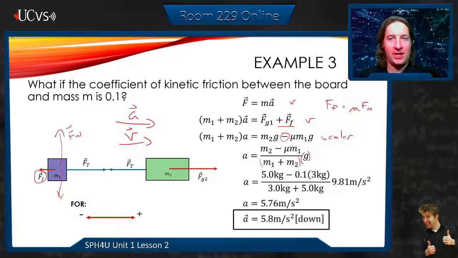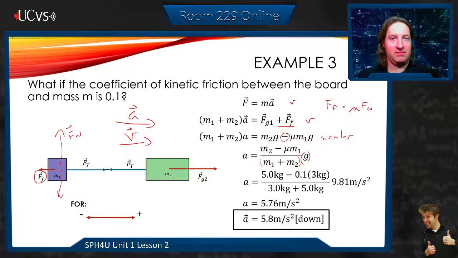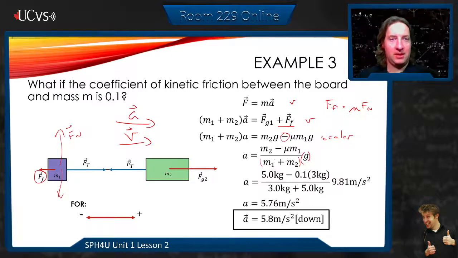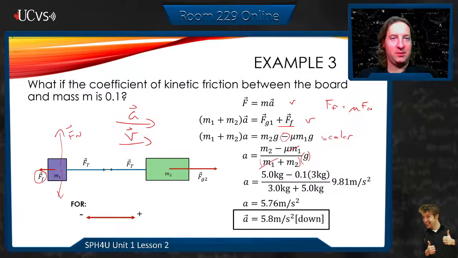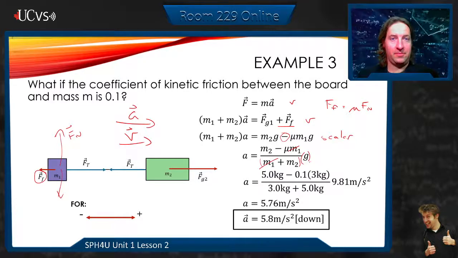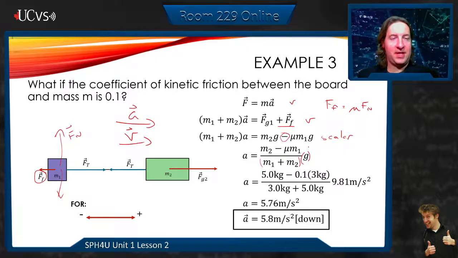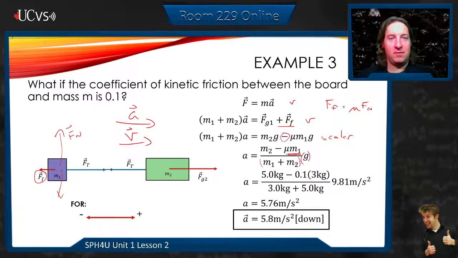The bigger M1 is, the more I slow down the whole system. If M1 was 0, then these terms would both be gone and it would just be M2 divided by M2, which is just 1, and the acceleration would be just equal to g. If there was no mass, it wouldn't make any difference. But because I have an M1, it's going to slow down the system via friction here.